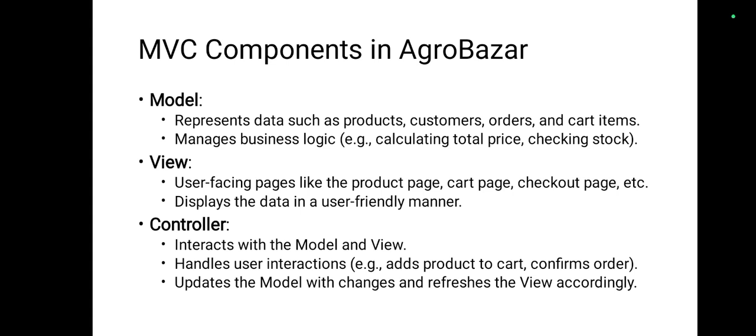The view will be responsible for displaying the product listings, shopping cart, and checkout pages. The controller will handle all user interactions like adding items to the cart or placing an order, and will update the model and view accordingly.